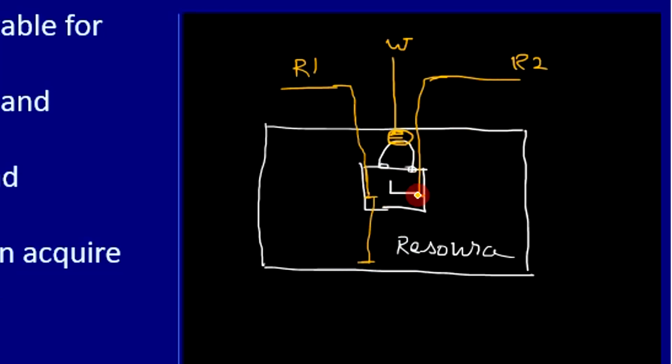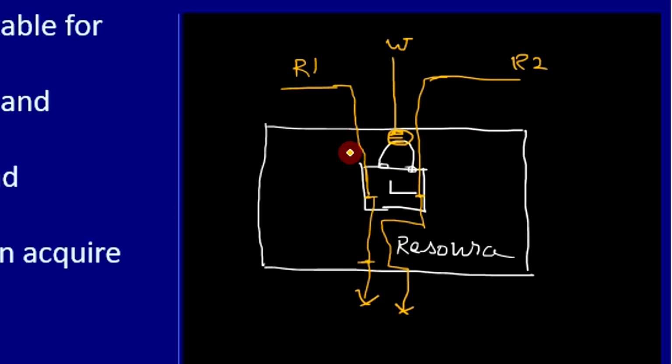Since reader 2 is still using the resource, the lock will not get released, so it will still be in a locked state, and the writer thread still waits. And let's state R2 also finished the task. Since nobody is using this resource and both reader threads quit here, the writer can acquire the lock.